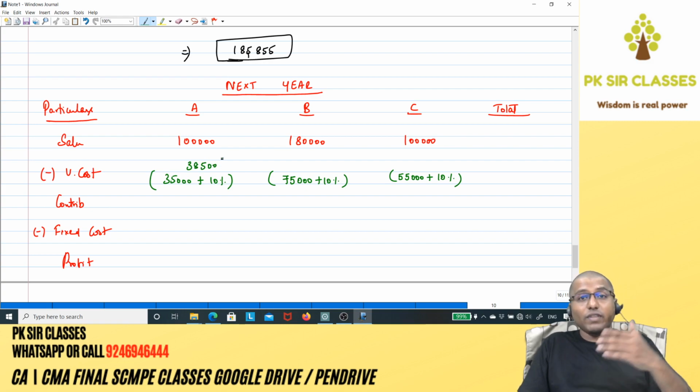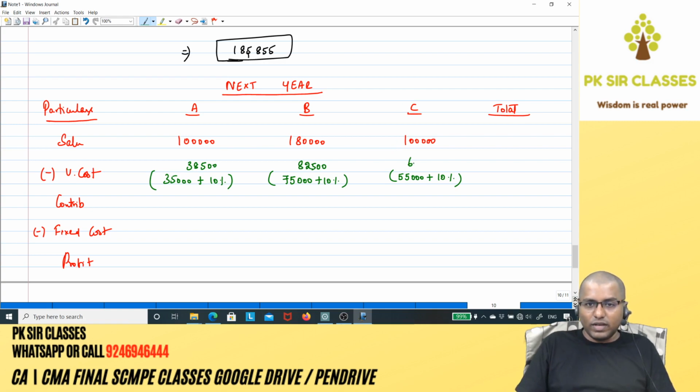Revised variable cost after increase in 10%. Okay. Next, 75,000 into 110%, 82,500. Next, 55,000 into 110%, 60,500. Okay. So I hope everything is clear.